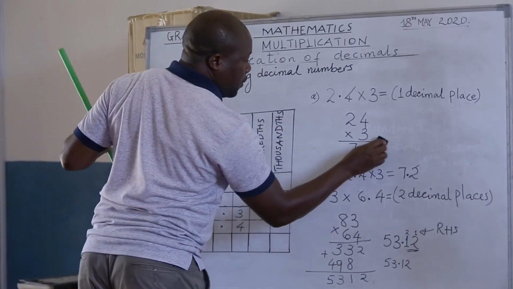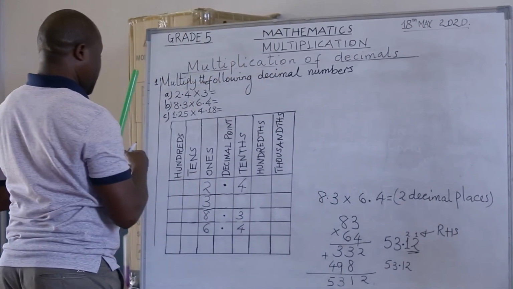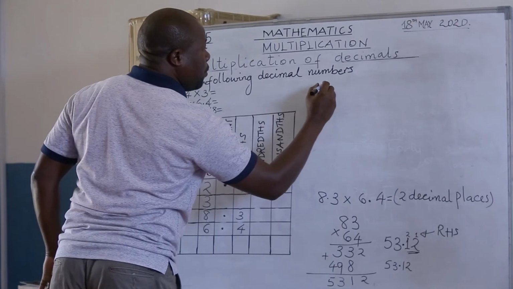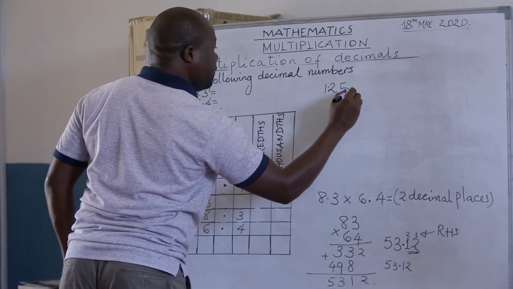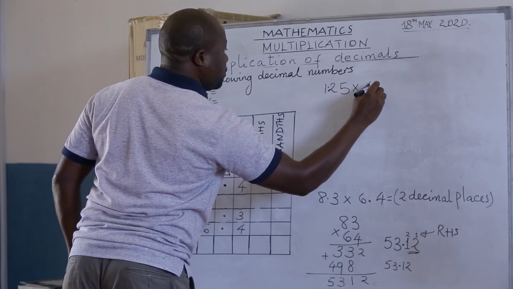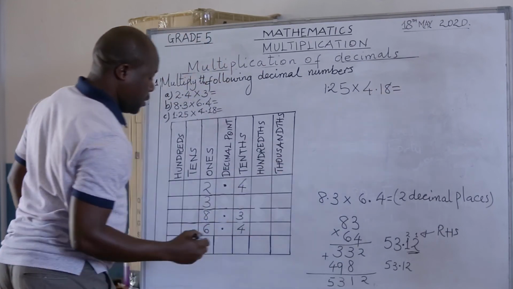Then the next and last example is 1.25 times 4.18. Now let us see.